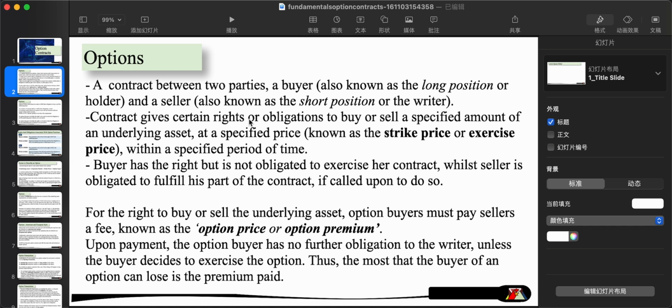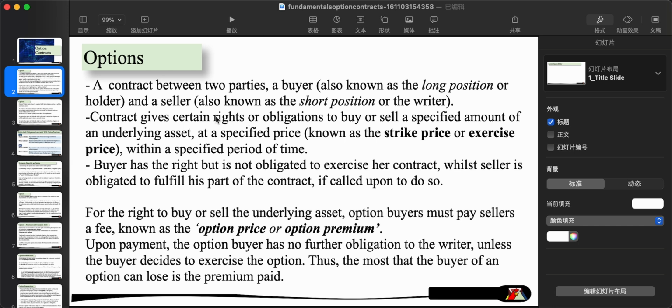So, the definition of an option is a contract between two parties: a buyer, also known as the long position or holder, and a seller, also known as the short position or the writer.